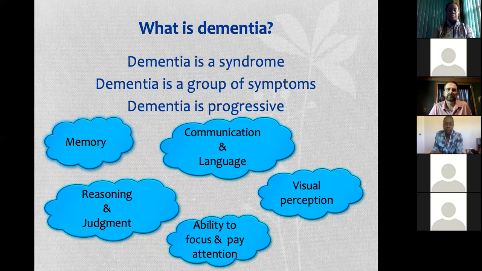Reasoning and judgment would be things like entering into a situation that's dangerous. And memory could be anything from remembering their loved ones or certain situations.